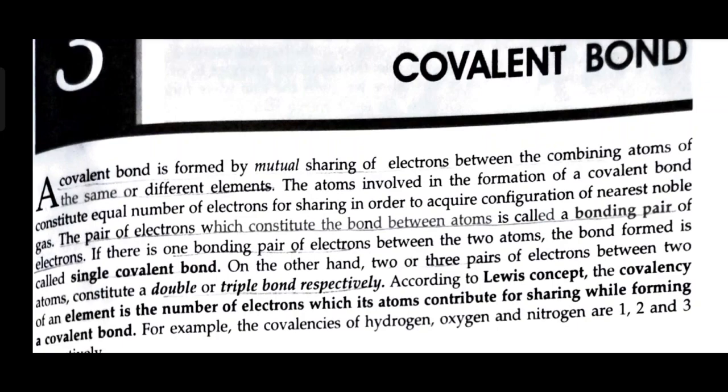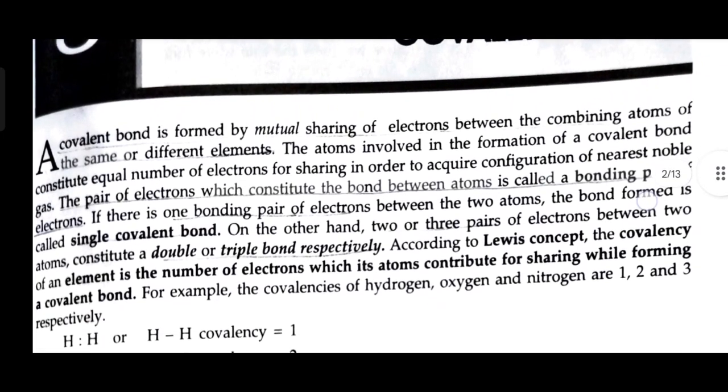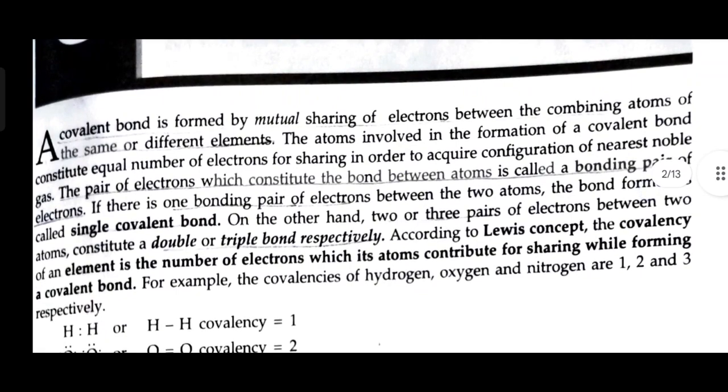The pair of electrons which constitute the bond between atoms is called a bonding pair of electrons. If there is one bonding pair of electrons between the atoms, the bond formed is called a single covalent bond. On the other hand, two or three pairs of electrons between two atoms constitute a double or triple bond respectively.